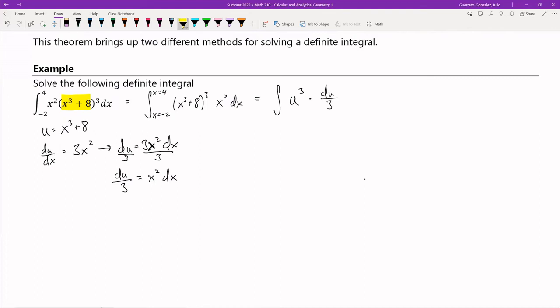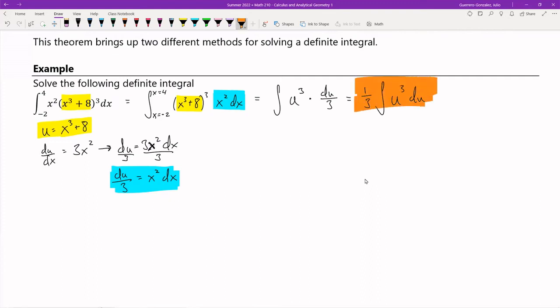That was my u, and this is the substitution for the x squared dx. And then that substitutes down to that. So now this is an over 3, so this is a 1/3. I can pop the 1/3 out. So 1/3 integral u cubed du. Now this right here is much simpler.